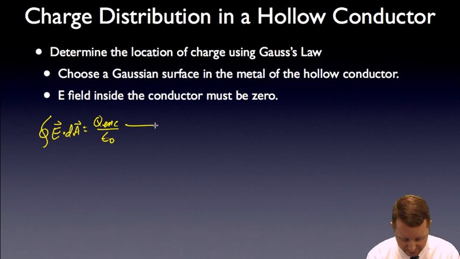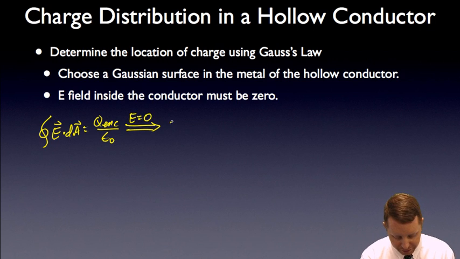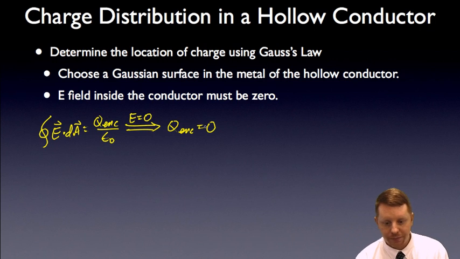However, if the electric field is zero inside the conductor, which is where we've chosen to draw our Gaussian surface, if E equals zero, then we can show that the charge enclosed must be zero. Therefore, the charge must remain on the outer surface. The entire conductor is at equipotential, and field lines must run perpendicular to the conducting surface.